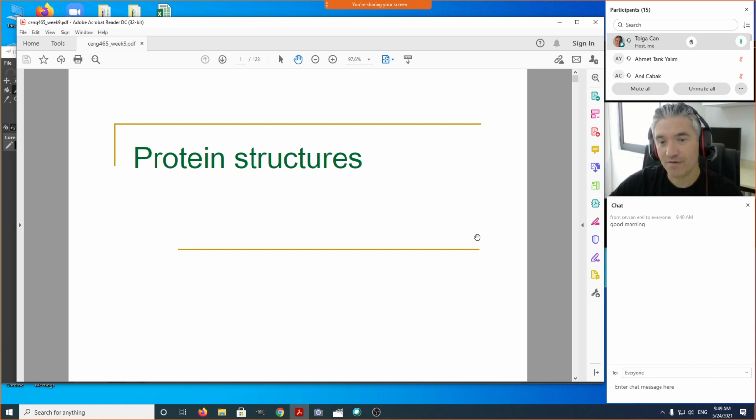So it will just be an analysis of a three-dimensional structure in terms of its geometry. I'm not going to give you anything about physiochemical properties or electrostatic potential. You're going to be doing some geometric analysis on the protein structure provided as a PDB file.